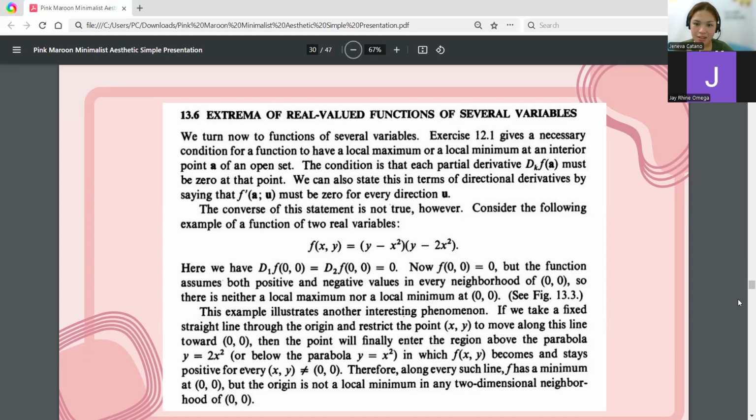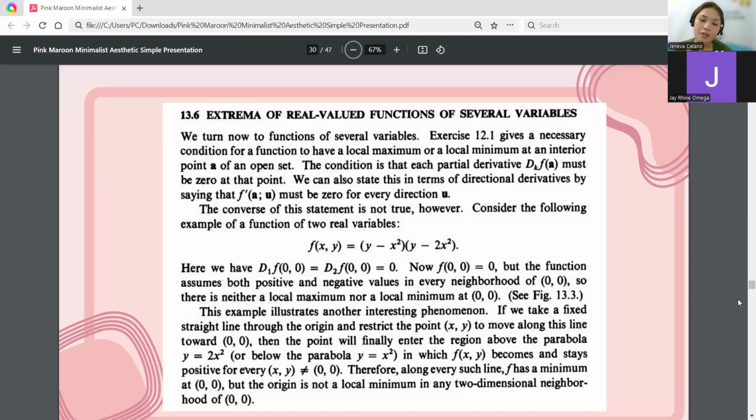The condition is that each partial derivative D_k f(a) must be 0 at that point. We can also state that in terms of directional derivatives by saying that f'(a; u) must be 0 for every direction u. The converse of this statement is not true.